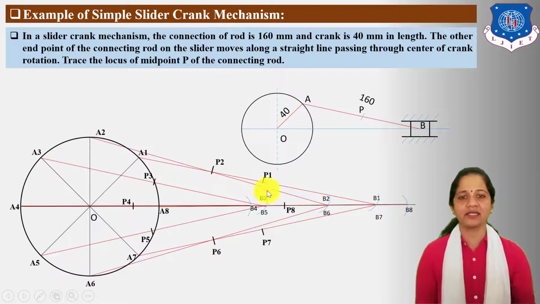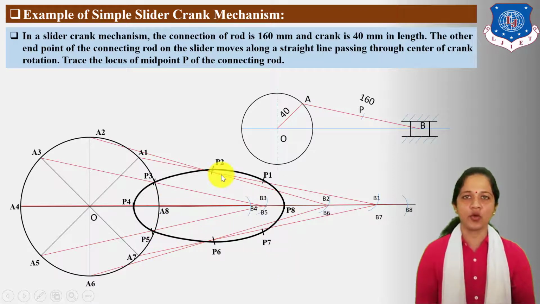Next, connect P1 to P8 locus point freehand in form of curve, which indicates locus of P point for one complete revolution of crank. So, this is the example of simple slider crank chain mechanism.